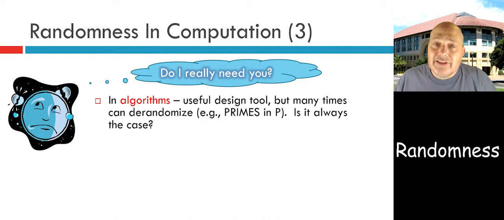But the question is, is it really needed? Can you always de-randomize it? We gave one example of an algorithm that de-randomized a randomized algorithm. That's the algorithm for primes in P, which I mentioned was based on a randomized algorithm in polynomial time for primes that was de-randomized. De-randomized means turned deterministic.